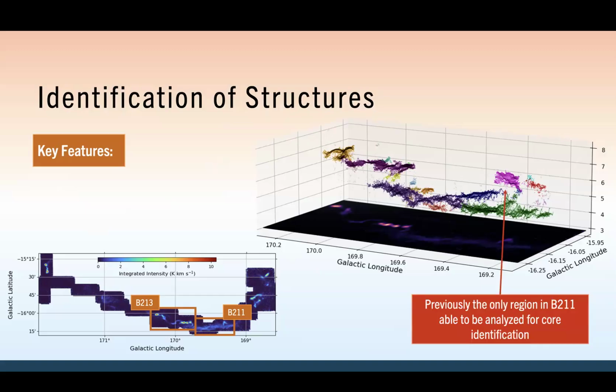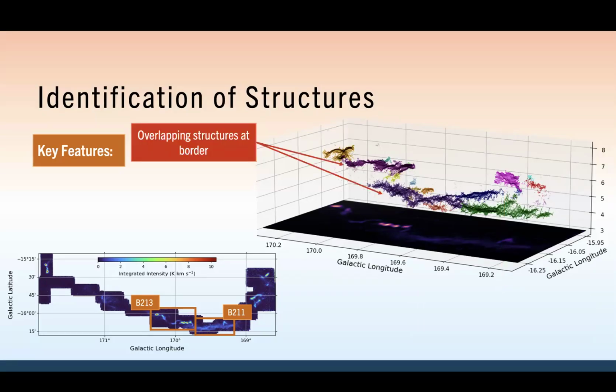This magenta region that I'm pointing at was previously the only region in B211 that was able to be analyzed for core identification because it's at such a different velocity and it's mostly one single component velocity there. We've also been calling that the scorpion tail because I feel like it goes up like a scorpion.